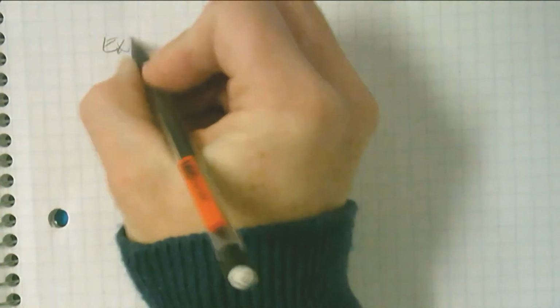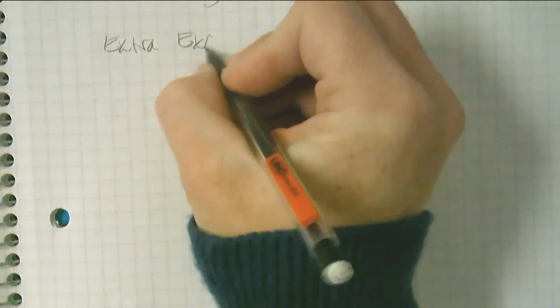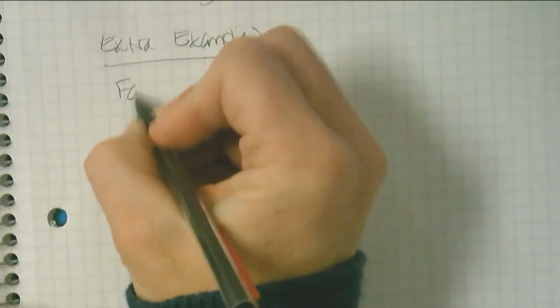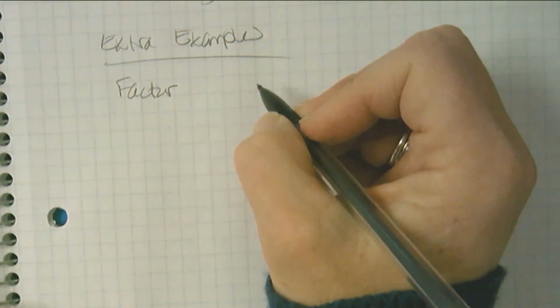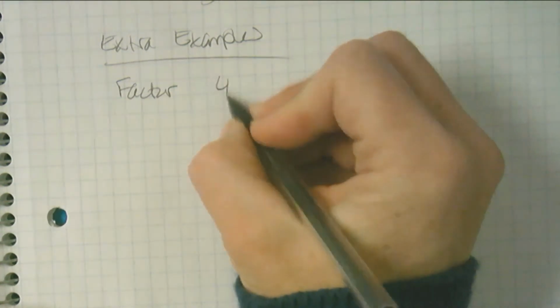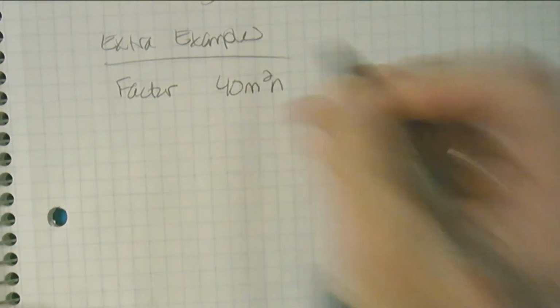All right, at the very end of your homework, I want you to write extra examples, and we're going to do a couple extra examples before we move on. You can either do these in pen or pencil. It does not matter to me. All right, I want you to factor 40m squared times n.